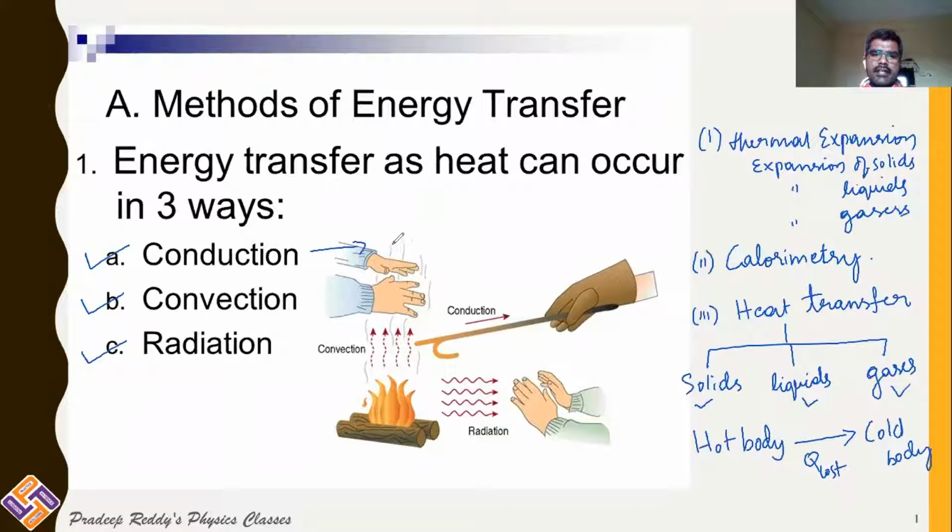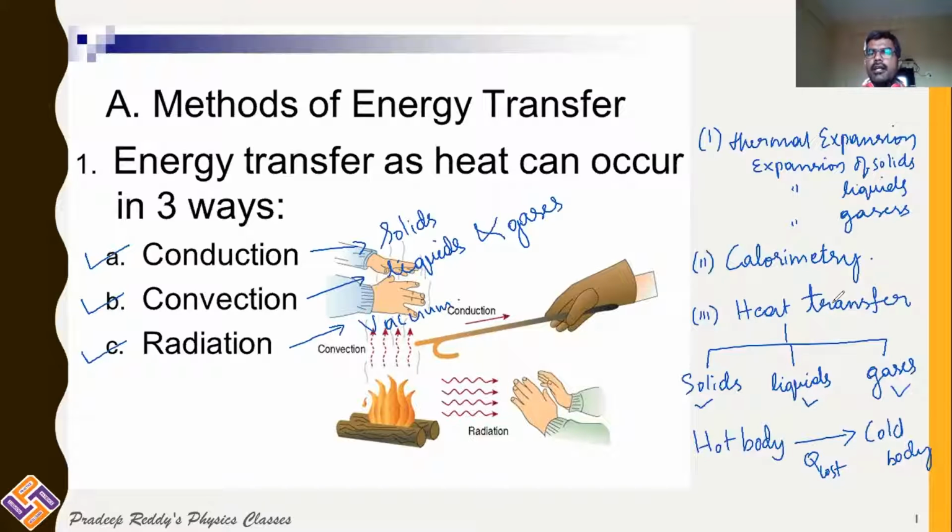Conduction is the heat transfer in case of solids. Convection is heat transfer taking place in liquids and gases. And radiation is heat transfer taking place in vacuum.